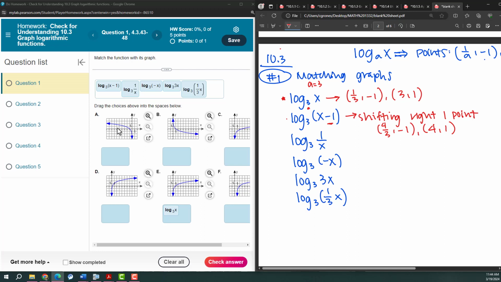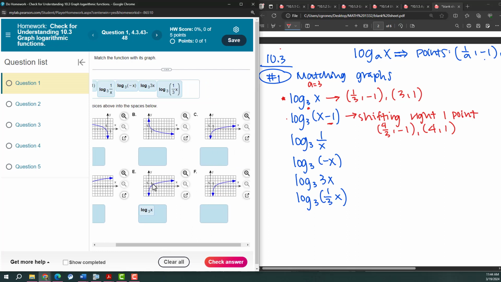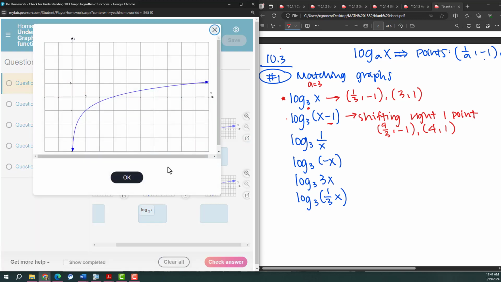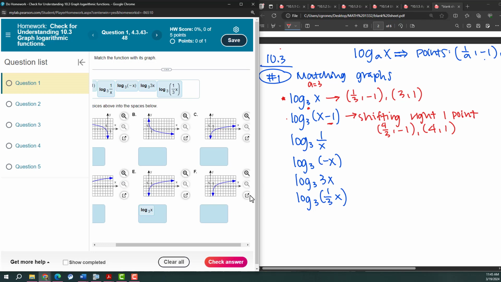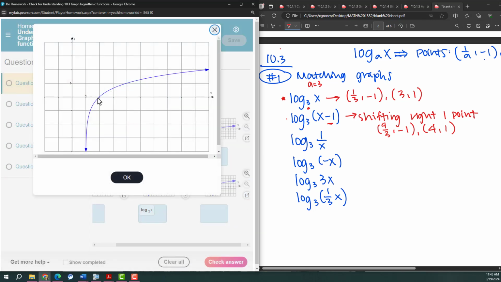So again, it's not going to be A or B. And then we already chose E. I don't think it's going to be C because that was going through that point. So C, we have 4, 1. So it's not C. 4, 1, it could be F because 4/3 is like 1 1/3.